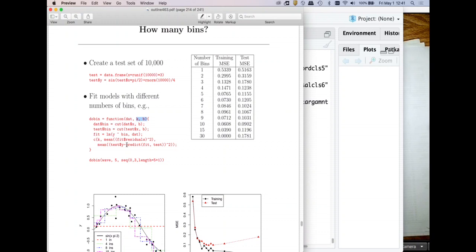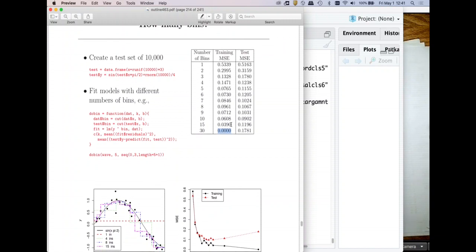I tried this for anywhere from 1 to 30 bins, and I tried to choose mostly numbers that divide 30, since I only have 30 data points. If I had 30 bins, notice my training mean squared error is exactly 0, and my test set mean squared error on the 10,000 observations is very bad.